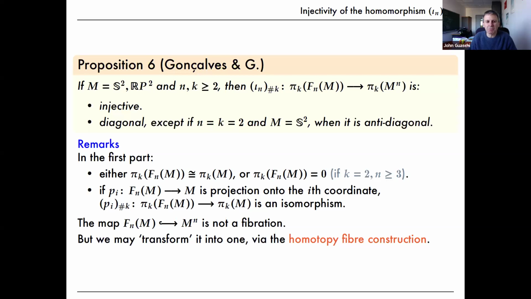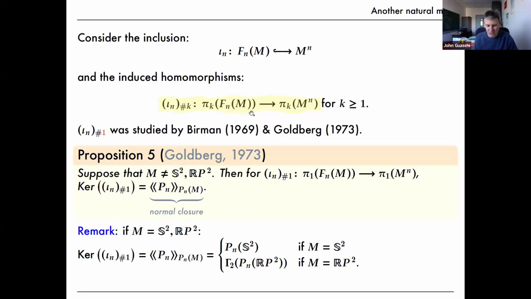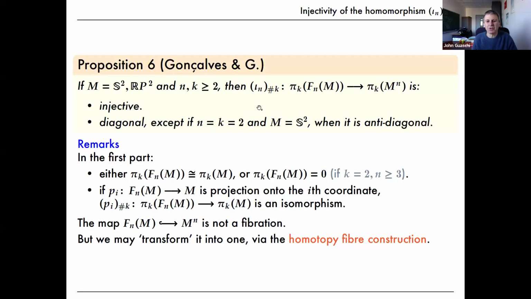So intuitively there's no reason that this homomorphism shouldn't be diagonal, because if it weren't, you'd be changing the roles of the coordinates with respect to each other. And it's only in this anti-diagonal case that you're allowed to do something else, but it's also symmetric in some sense with respect to the two coordinates, because we're in the case n equals 2.